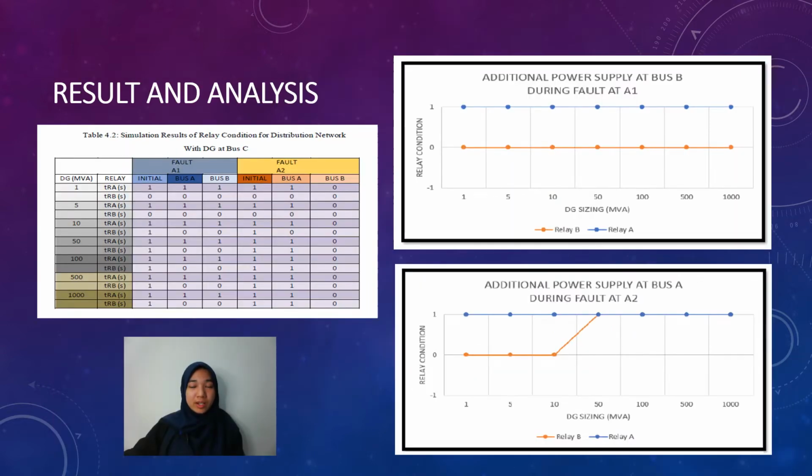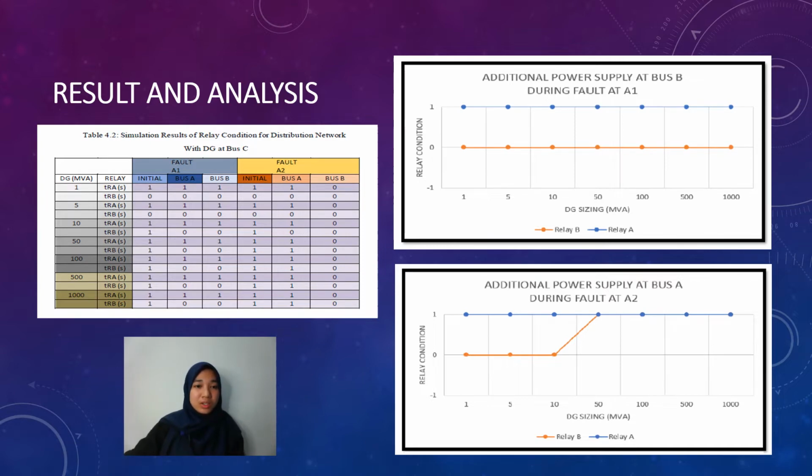For result and analysis, there are two situations we want to investigate. The first is fault at A1 and fault at A2. As you can see, this is the table for the simulation result of relay condition for the distribution network with DG at bus C. For relay condition, 1 is trip and 0 is not trip.